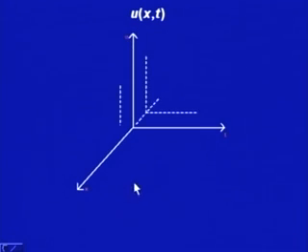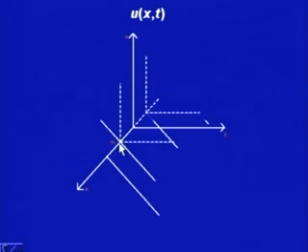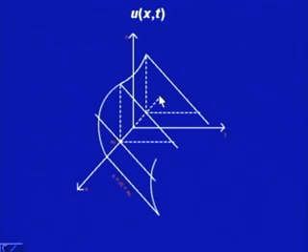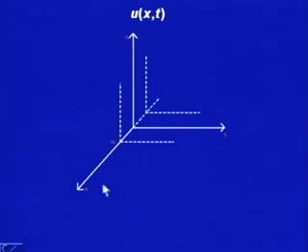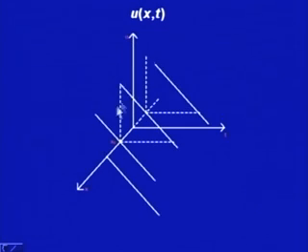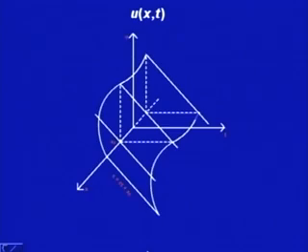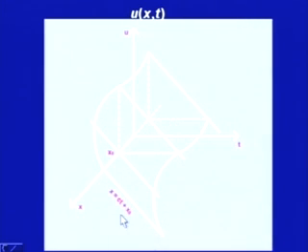If this is my xt plane, from these points x naught we have this characteristic, and again you see that from these points the data, this is the surface; let us see how we are moving. This is my characteristic line, x is equal to ct plus x naught, in the xt plane.